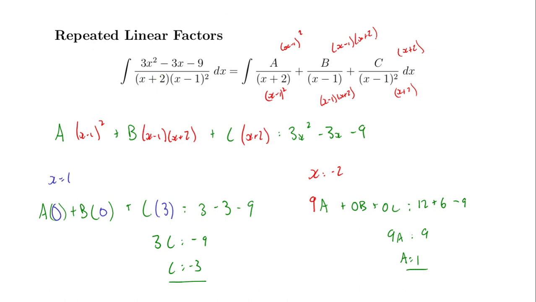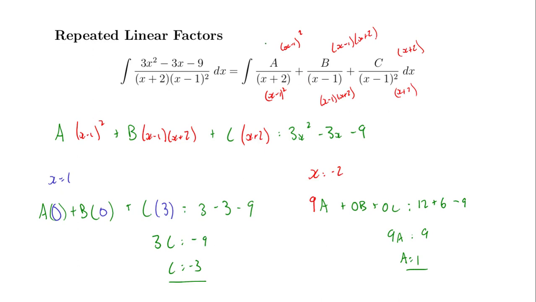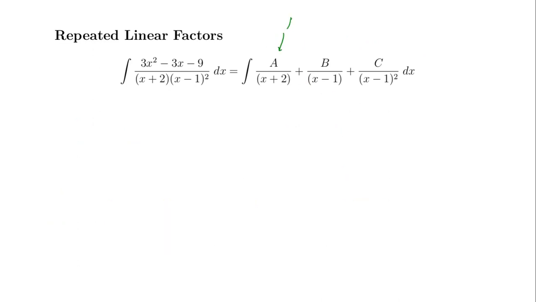Similarly, you can cover up this x minus 1 squared and evaluate the rest of this fraction at positive 1, and that'll give you the coefficient for c over x minus 1 squared. We won't be able to get the coefficient for b this way, but all is not lost. We have some more work that we can do. All right, let me write down my stuff. I had a equals 1 and c equals negative 3.